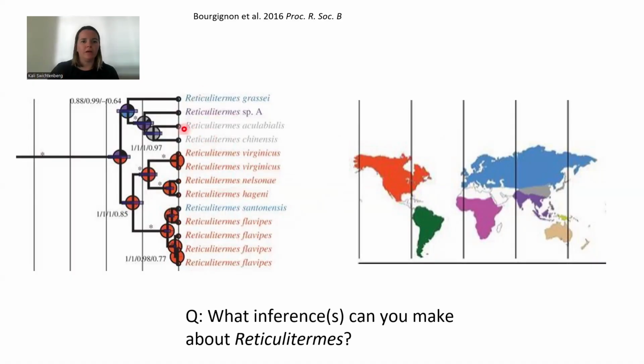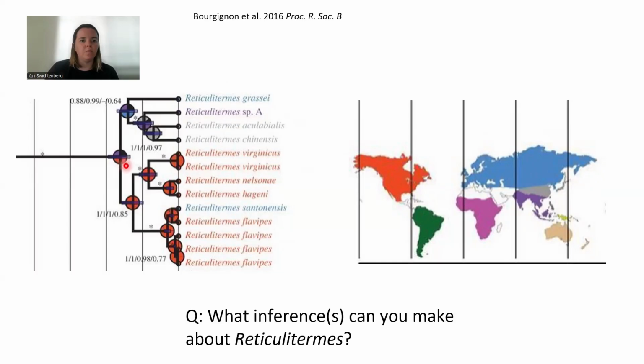And then up here in this other clade, all of these are from basically Eurasia, right? And so we can make the assumption that the ancestor to this clade originated in Eurasia.